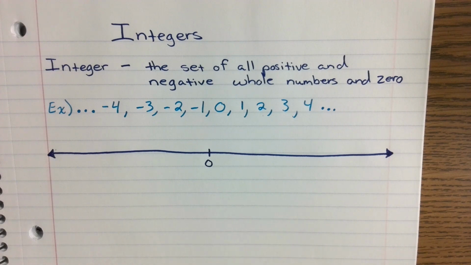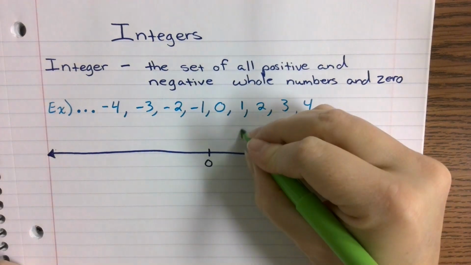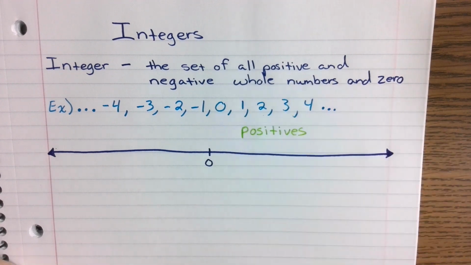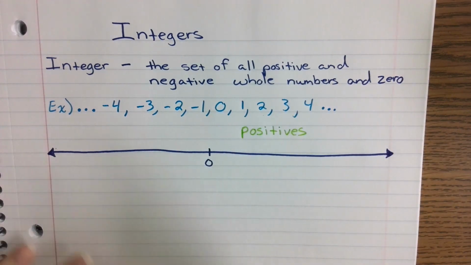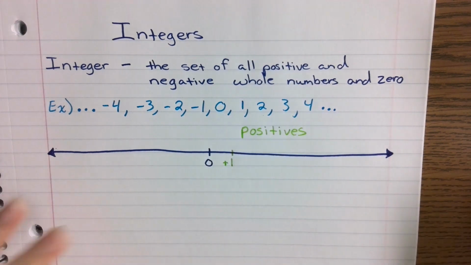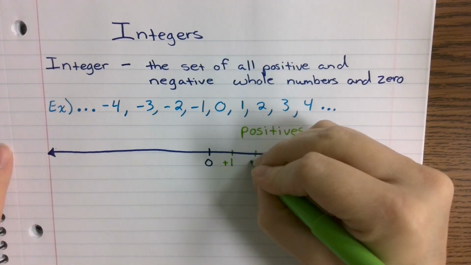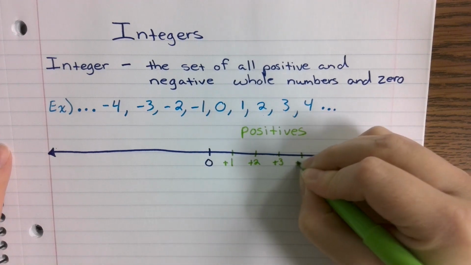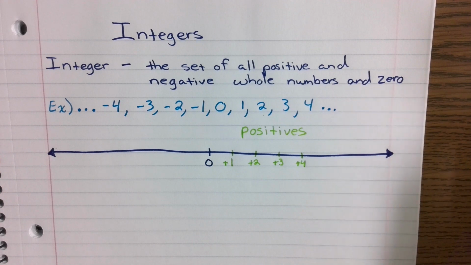And then on the right side of my number line is where I have my positive numbers. So that means we've got that positive 1. Now I could write a little +1 there. It's perfectly fine if you want to. You don't have to. Naturally, if we don't have it written, we should know that it is a positive value.